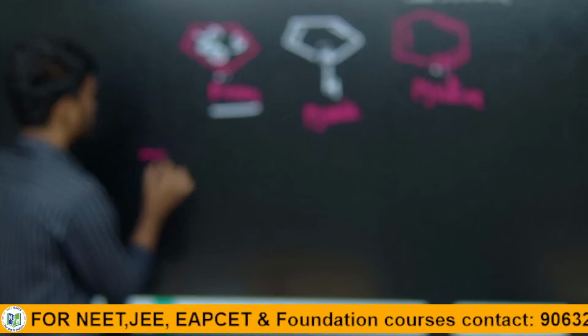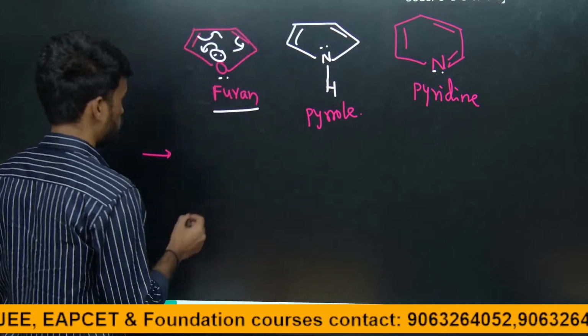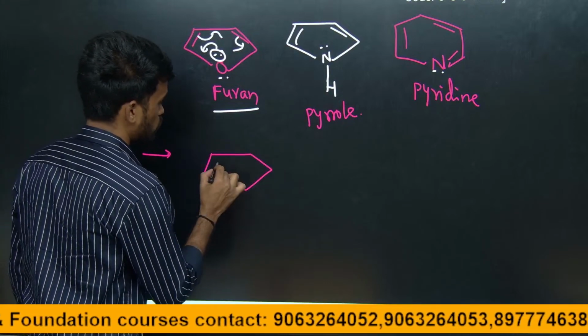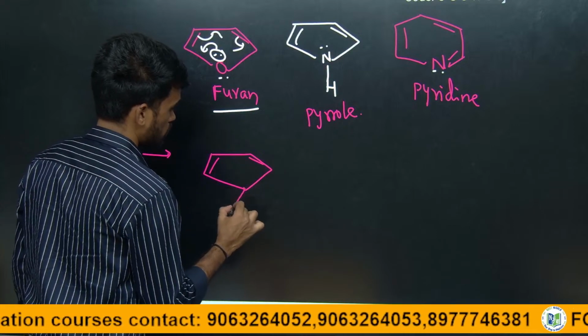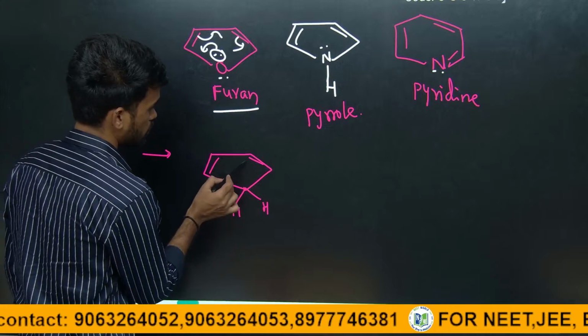Now, what are the applications we have? We can also estimate the acidic nature of compounds. Let me show you one thing. Here I just wanted to give you this compound. Here it is having hydrogens.